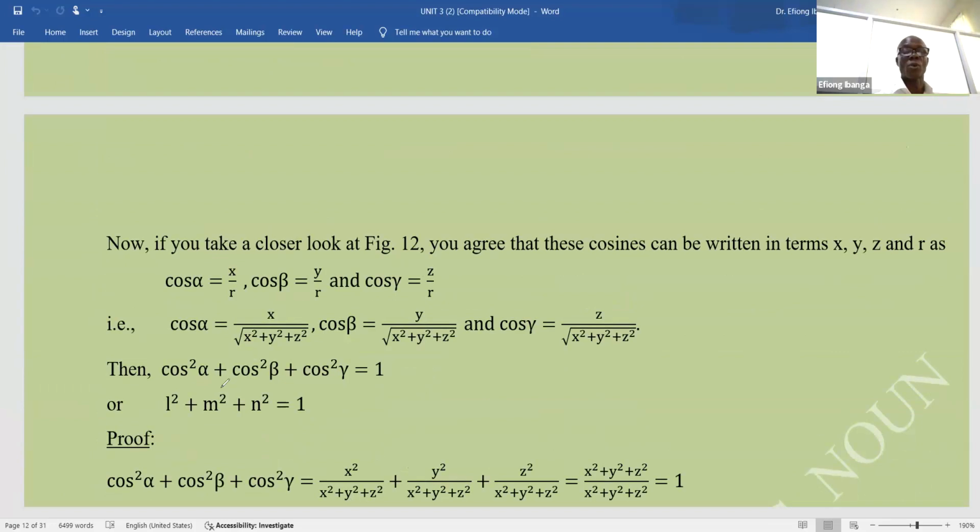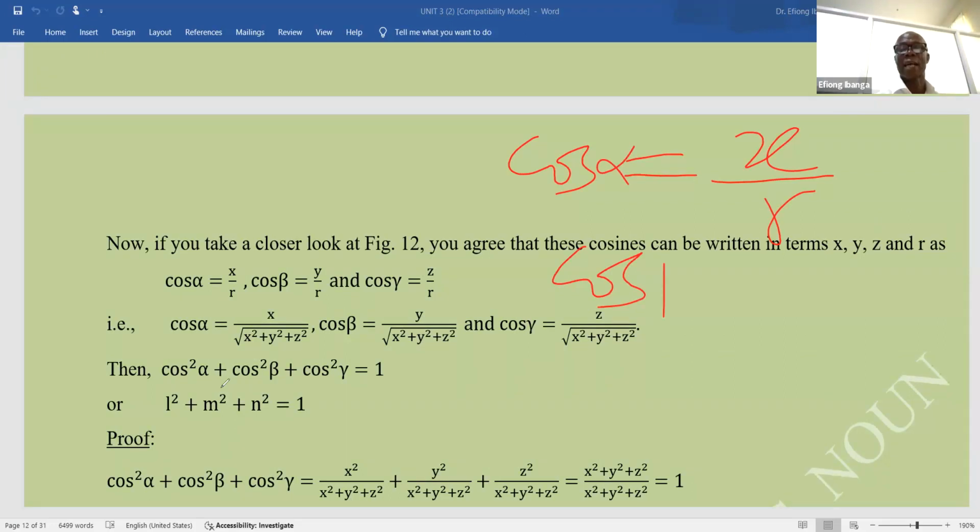Of course, I've already told you, cos alpha is going to be the X side over the hypotenuse, which is R, isn't it? This is for alpha. Then for Y, it is cos beta: the Y side, which is the adjacent side, over the hypotenuse.